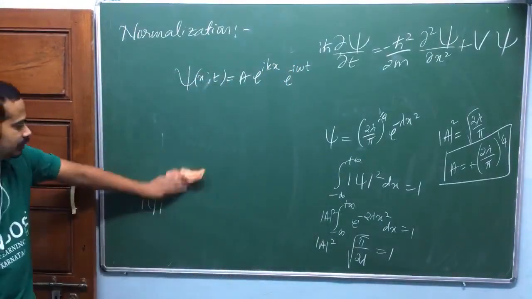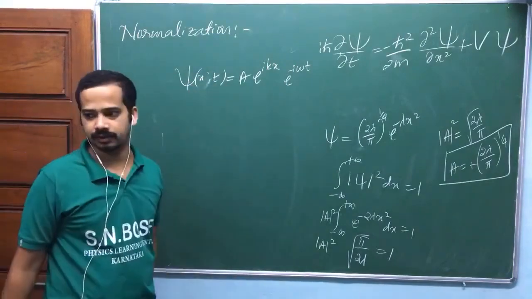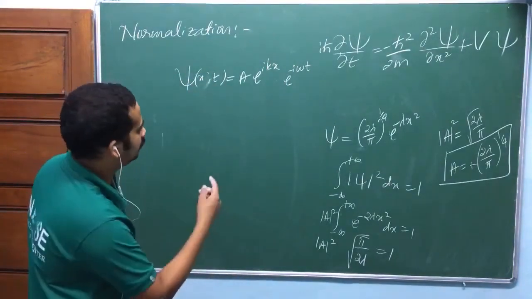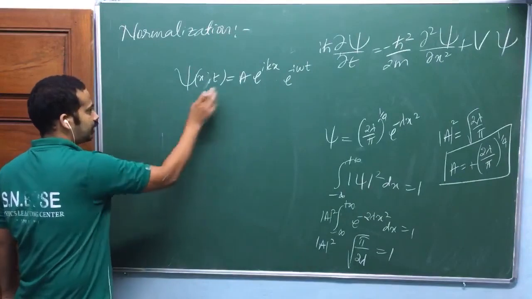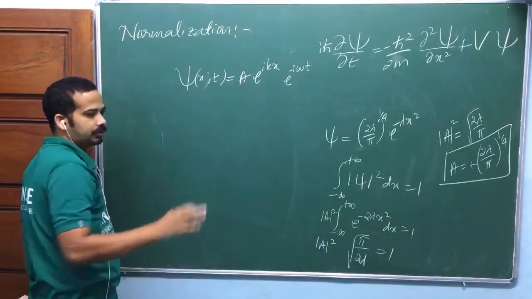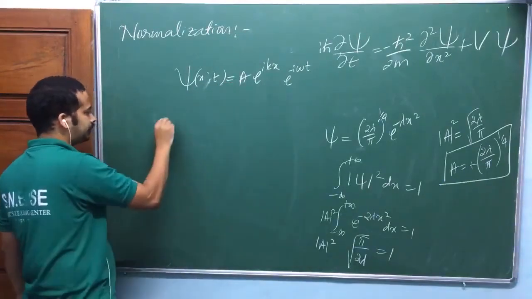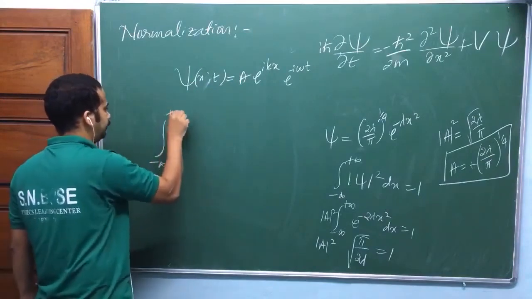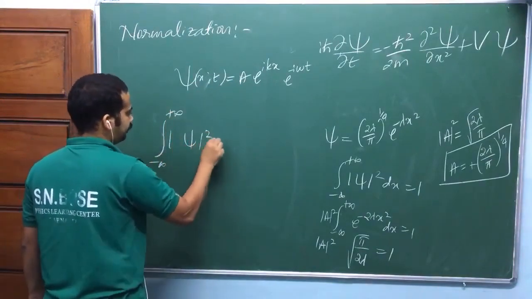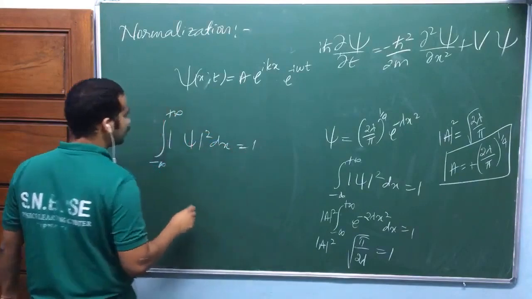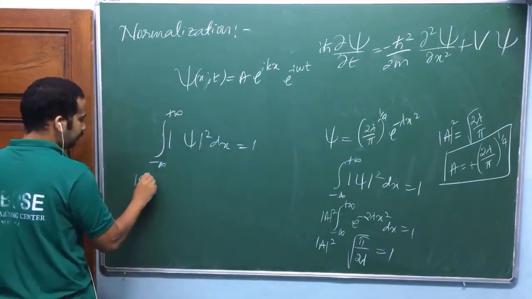If suppose your solution is this kind of solution, try to normalize, try to find A which makes the total probability equal to 1. Suppose the range of the function is minus infinity to plus infinity. So try to make it one. Mod A square.